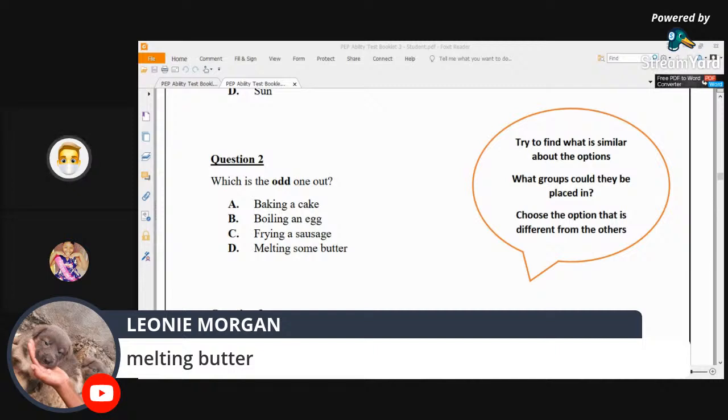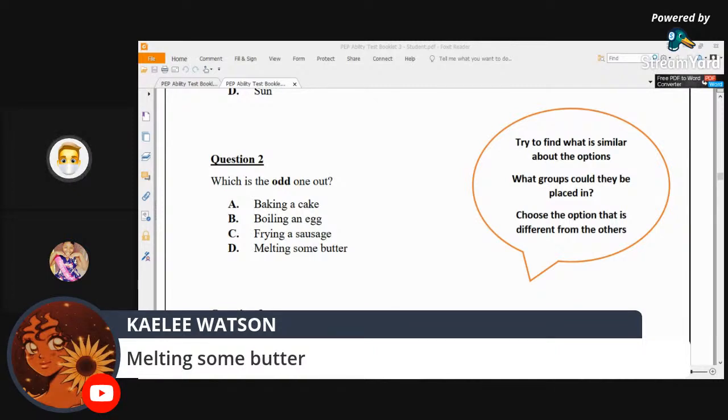Leonie says melting butter. Kelly, melting some butter. Let's see any more here. Watson, melting butter. Let me see. All right. Question.